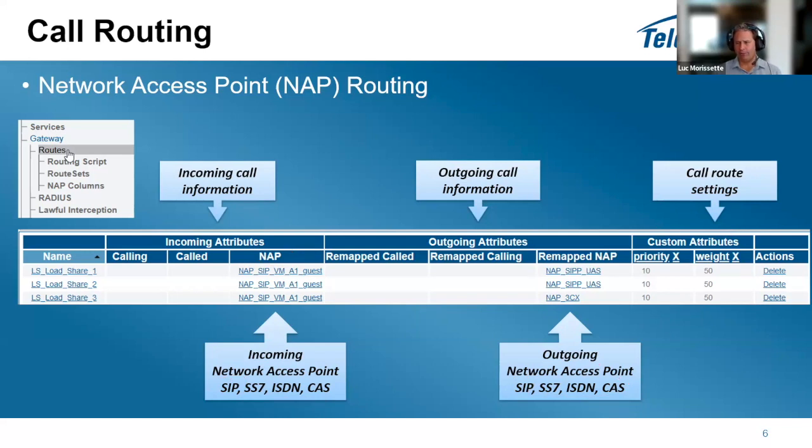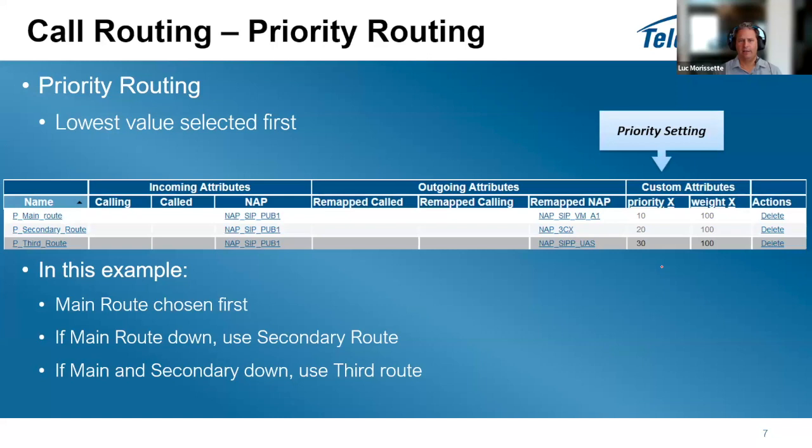The default custom attributes that are always included are priority and weight, which are used for load sharing and priority routing. If I start with the function of priority routing, you need to set up the priority settings for each of the routes here.